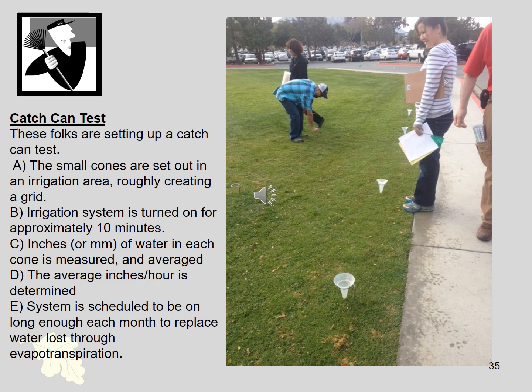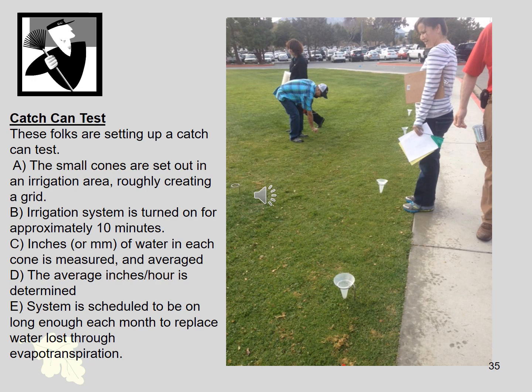And then the irrigation system's turned on for about 10 minutes, and then it's turned off, and then you measure the height of the water in each of the cones, and you can average it. So what's the average amount of water that was applied by that irrigation system in 10 minutes? You can times it by 6 to get inches of water coming out per hour. You could use millimeters too if you wanted to.